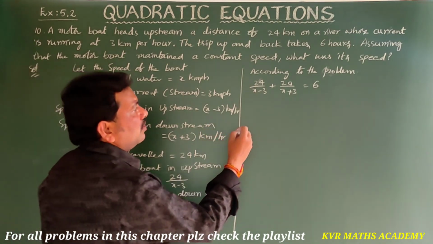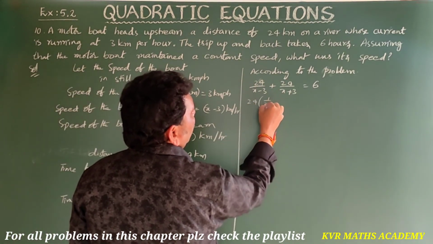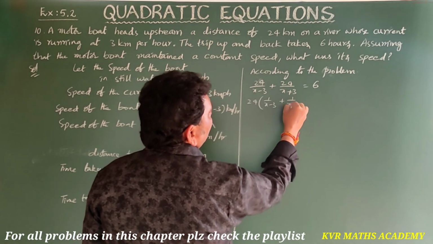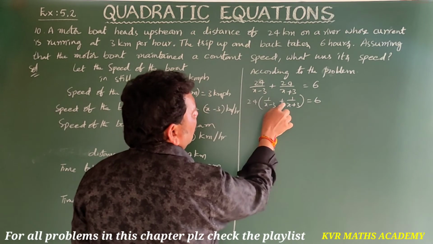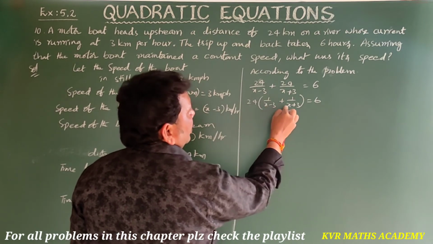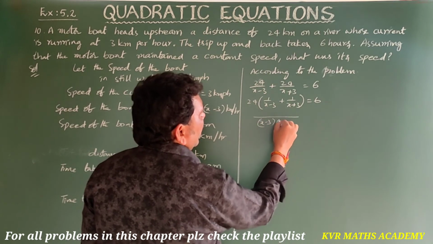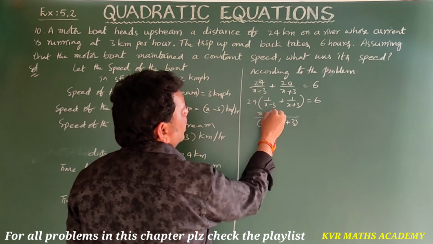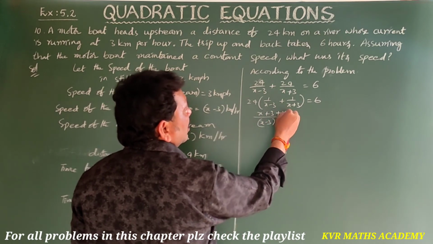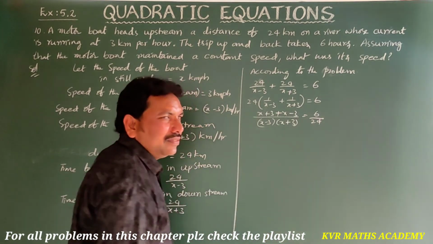Let us solve this one. If you take 24 common, we get 1 by x minus 3 plus 1 by x plus 3 is equal to 6 by 24. The LCM is x minus 3 into x plus 3. Then x plus 3 plus x minus 3 is equal to 6 by 24.